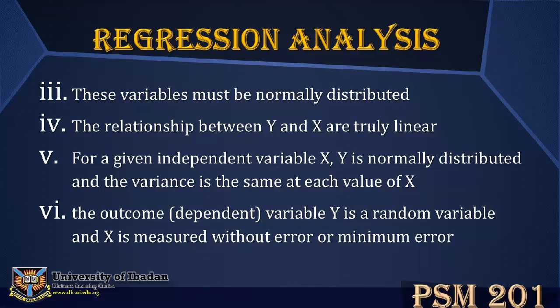The relationship between y and x is truly linear. For a given independent variable x, y is normally distributed and the variance is the same at each value of x. The outcome dependent variable y is a random variable and x is measured without error or with minimum error.